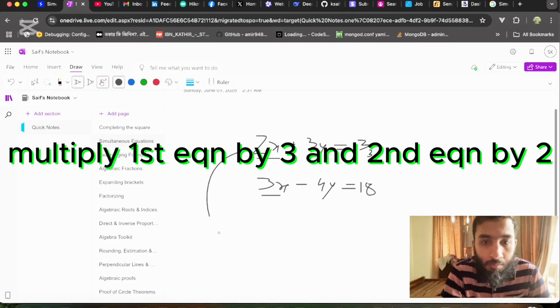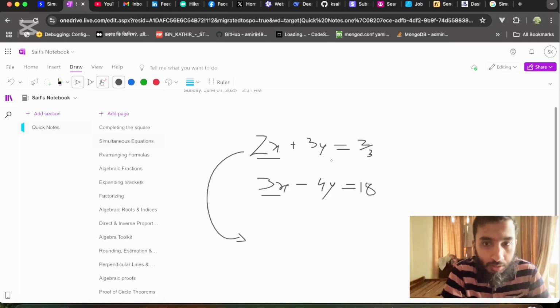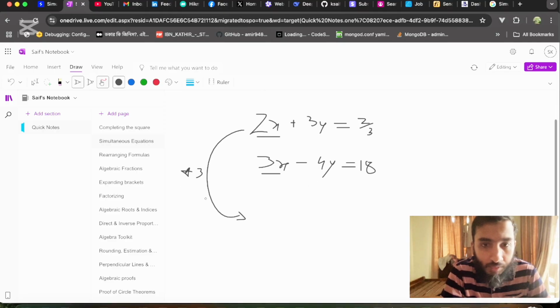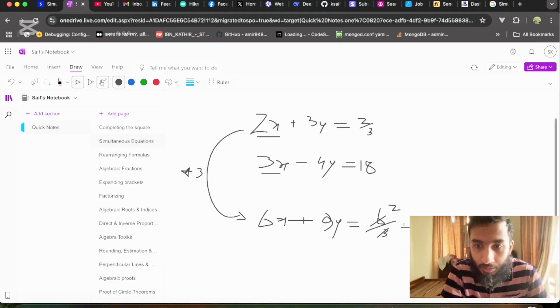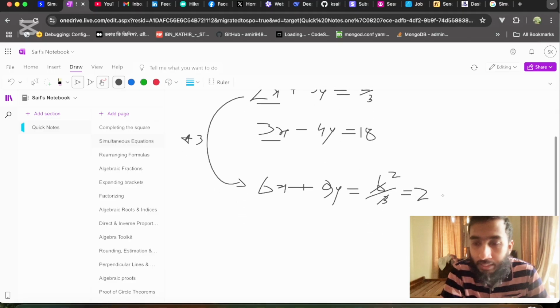If I multiply the first given equation by 3, 2x multiplied by 3 is 6x, plus 3y multiplied by 3 is 9y, equals 2 by 3 multiplied by 3, which is 2. So 6x plus 9y equals 2. I can call this the first equation.